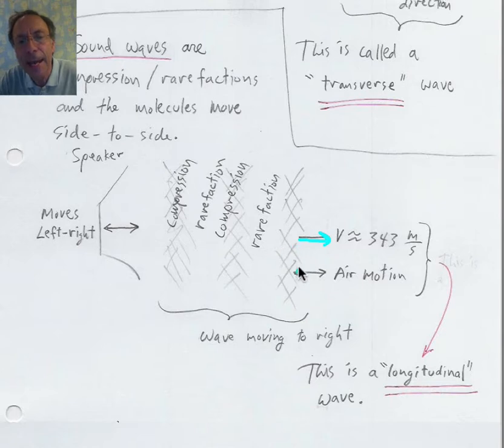Instead, the air vibrates back and forth. And so this motion is aligned with the wave's velocity, and since they're in the same direction, we call these longitudinal waves. Now I've got some little examples to show you.